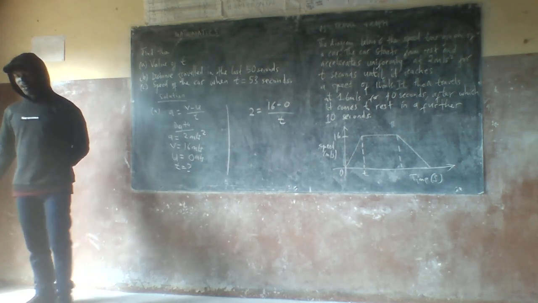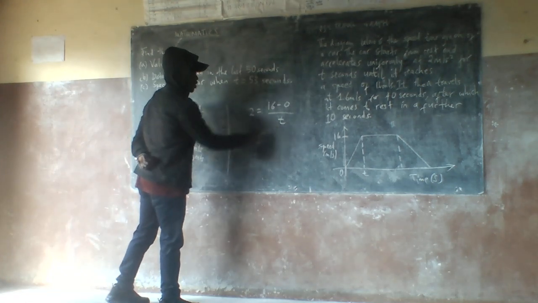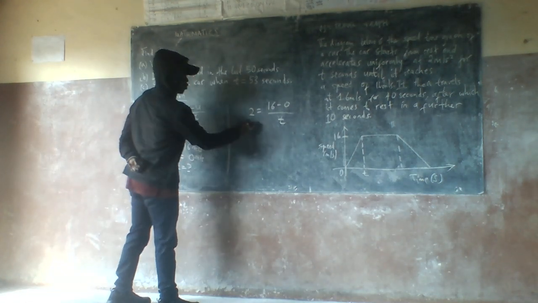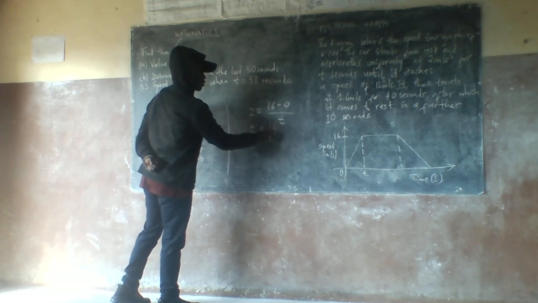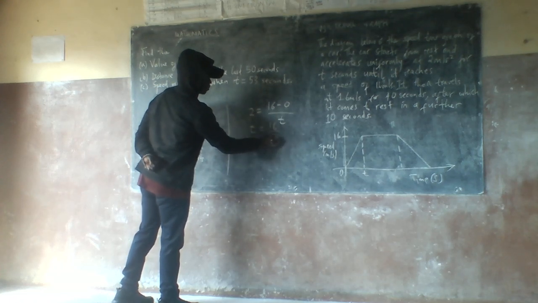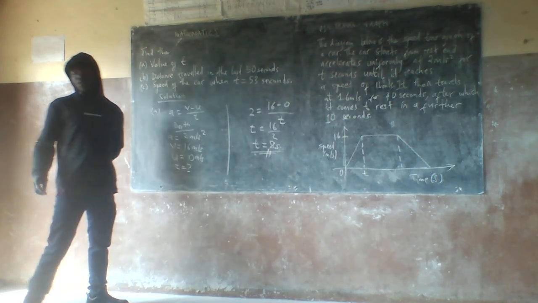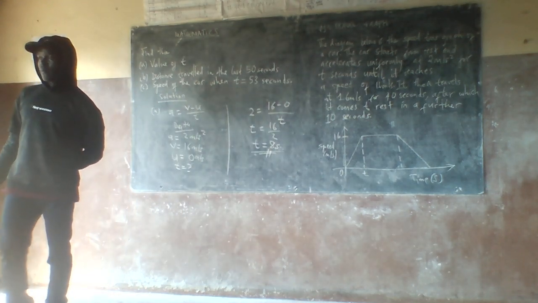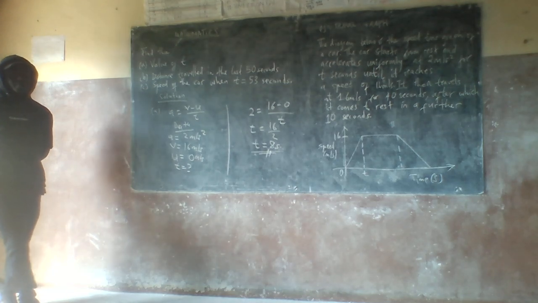Whatever can cross multiply can swap. So these two can cross multiply, hence they will also swap. So it will be 2 coming down. 16 minus 0 is 16. Then 2 comes down. And then our time will be 8 seconds. Any questions from how the answer has been calculated? You can copy down. At the back.